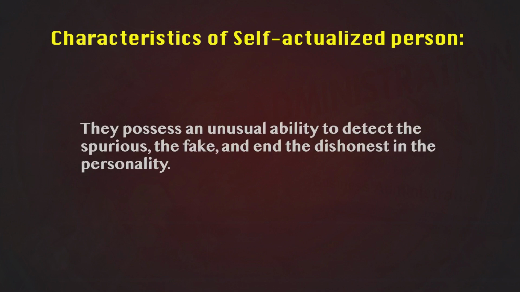To find an answer to this question, Maslow undertook several research studies and generalized that self-actualized persons have such characteristics. They possess an unusual ability to detect the spurious, the fake, and the dishonest in personality.